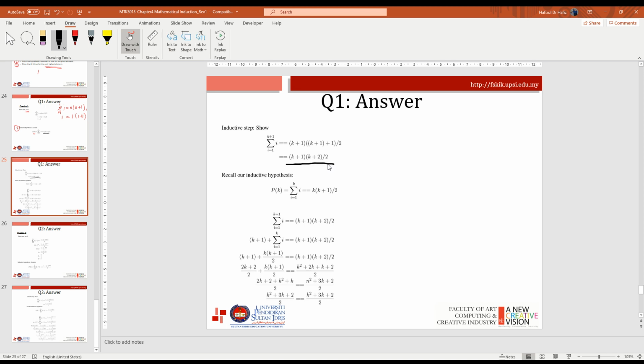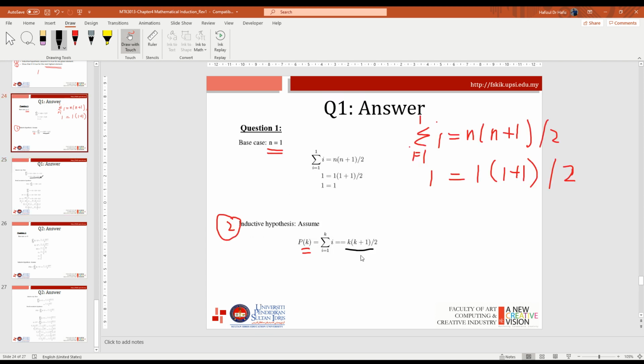So for the induction step, we must recall this one. Recall (K+1)(K+2). So that we have PK equivalent to the sum with maximum K, the term is i, equivalent to K(K+1) divided by 2, from before.